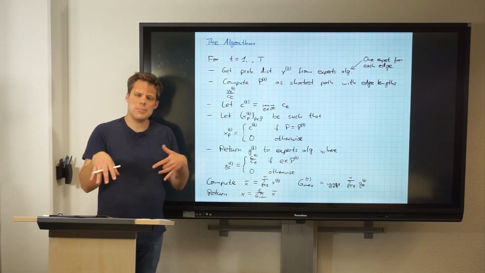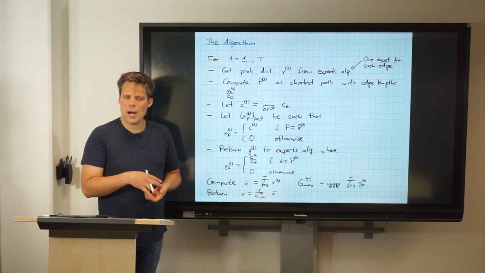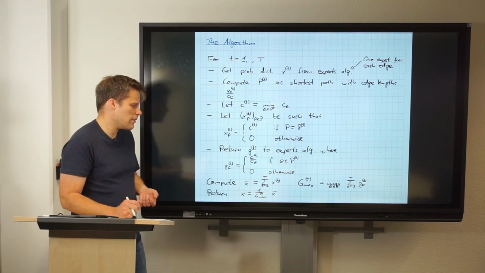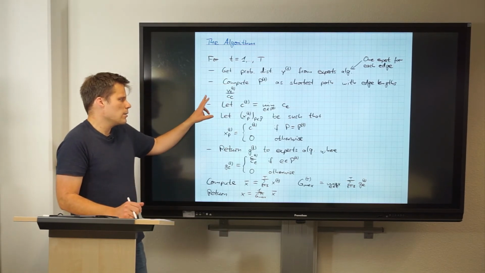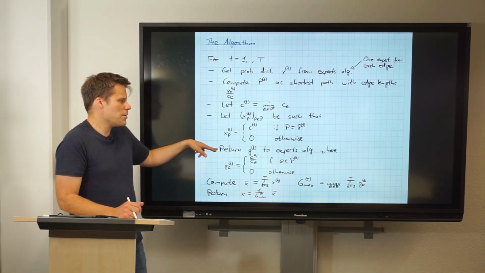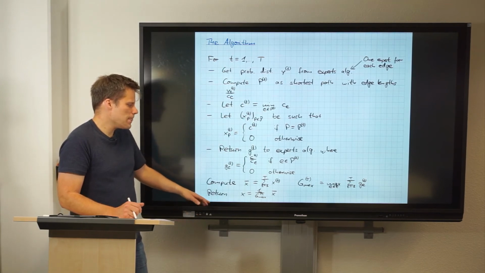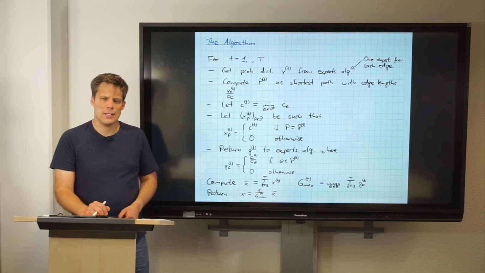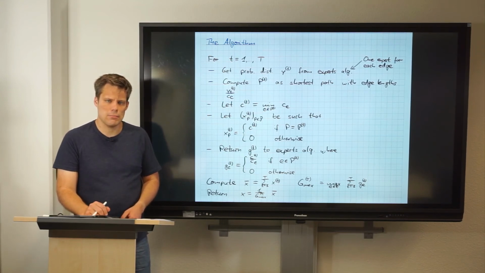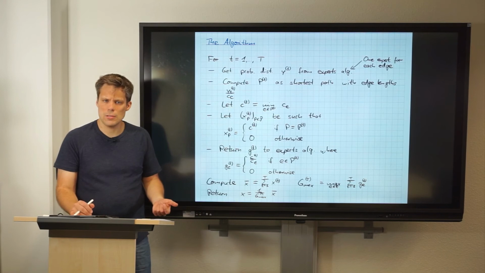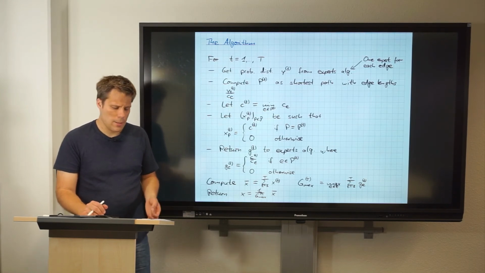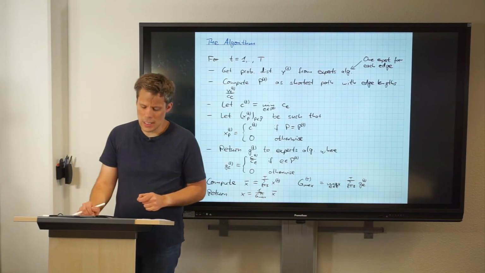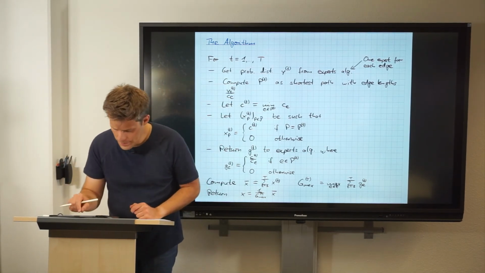But this would only be feasible if there were no flow along any other path. So this is why this won't succeed immediately. And what we'll then be doing is divide this by the maximum gain. Why should this work out? Well, let's see. We'll now first show that this actually computes a feasible flow.